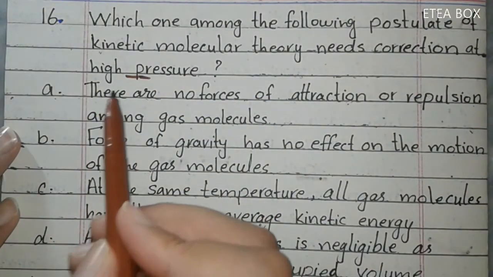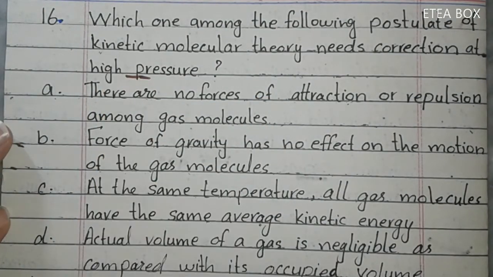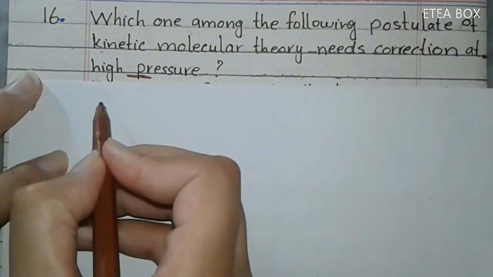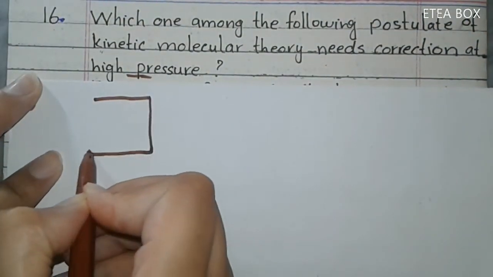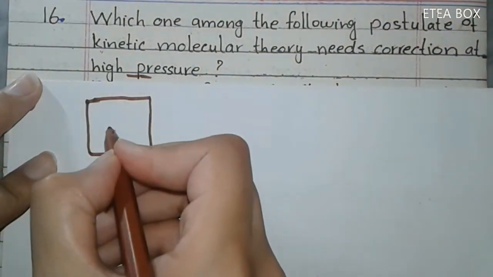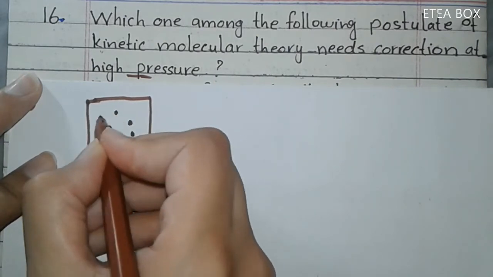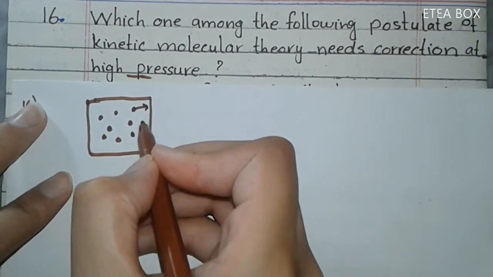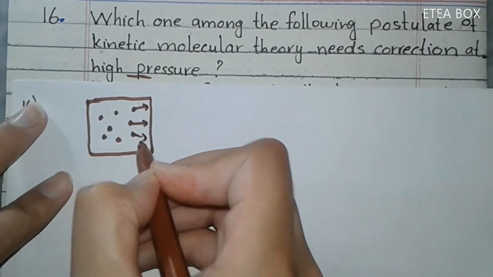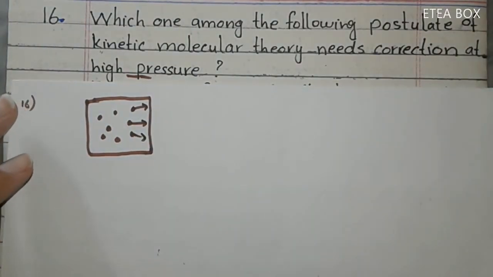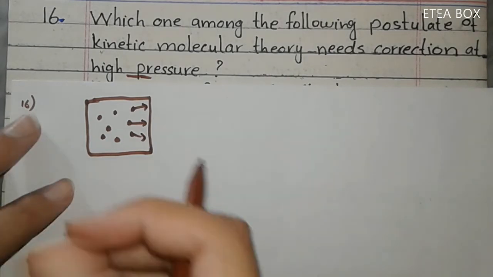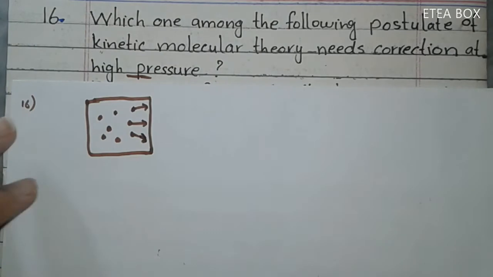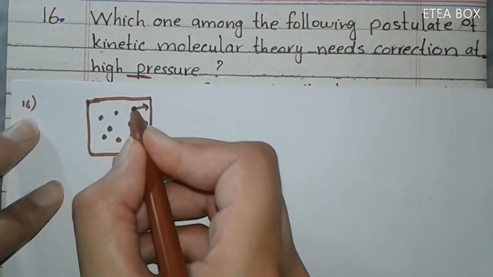Now look at what is meant by high pressure here in this MCQ. It's a container, and these are the molecules of gases. When the pressure of the gas molecules is very high, the molecules will not care about the intermolecular forces, and they will exert their pressure with a high speed.